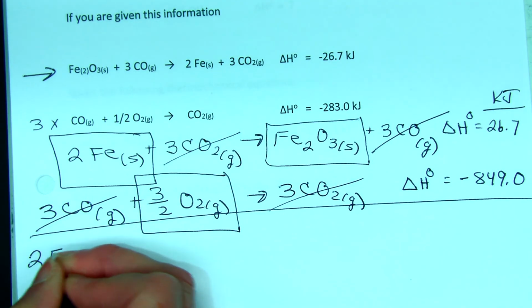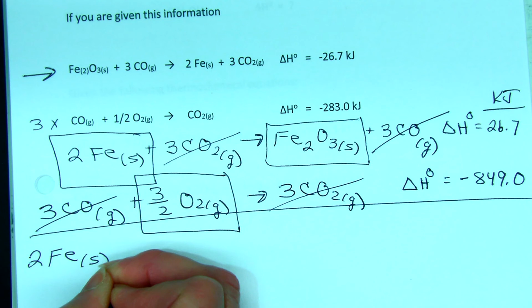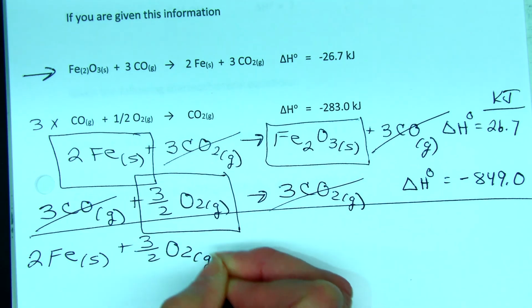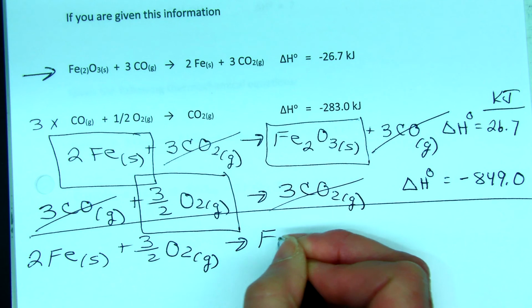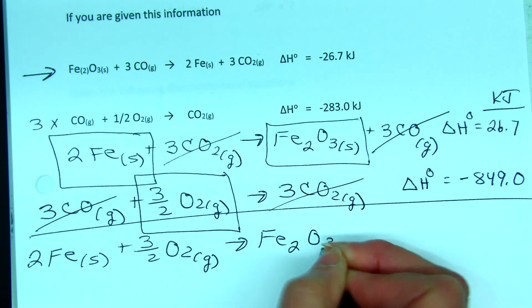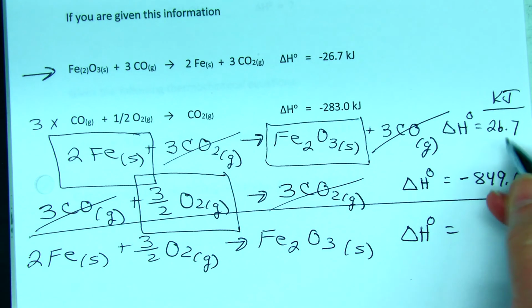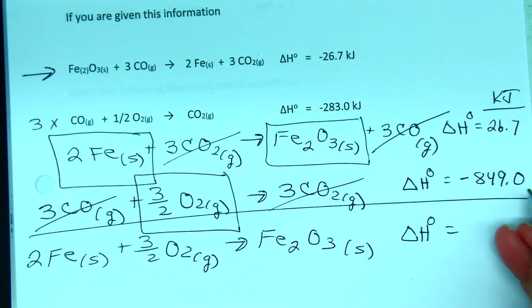So now what's left is 2 Fe solid plus 3/2 O2 gas yields Fe2O3 solid. And my standard enthalpy change is just these 2 numbers added together, 26.7 and negative 849.